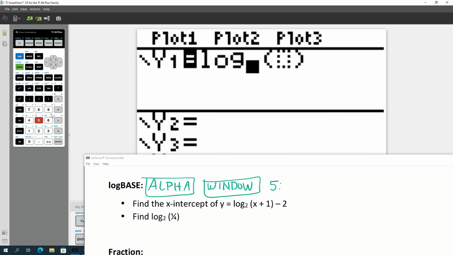Either way, you're going to get this little log. And we're just going to type in this problem. So we'll put 2 in for the base, x plus 1 in parentheses, and then minus 2 outside.